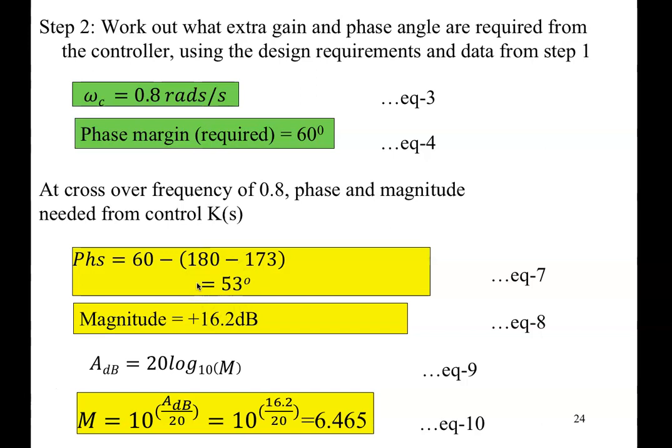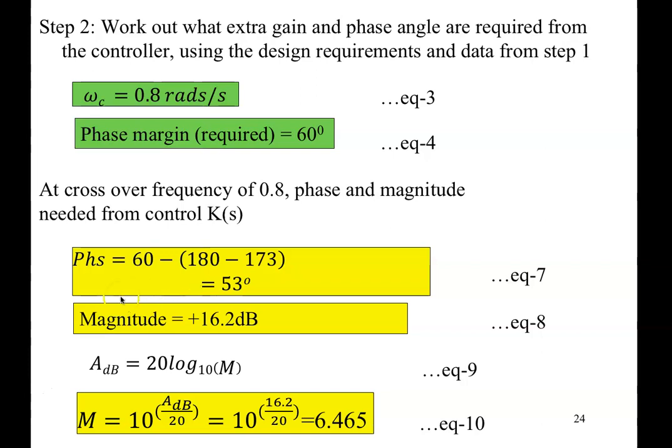For the magnitude, because we read from GS minus 16.2 dB at the design frequency, therefore we will need a positive 16.2 dB from the controller at this frequency, in order to have 0 dB. 0 dB is where the crossover frequency is.